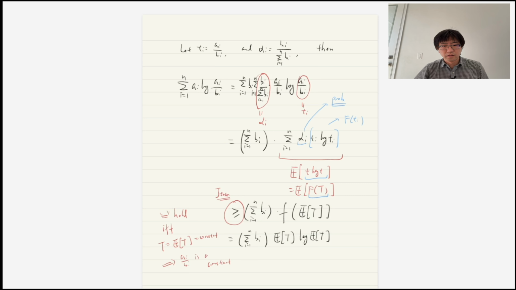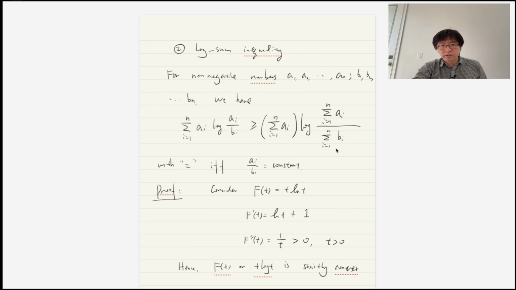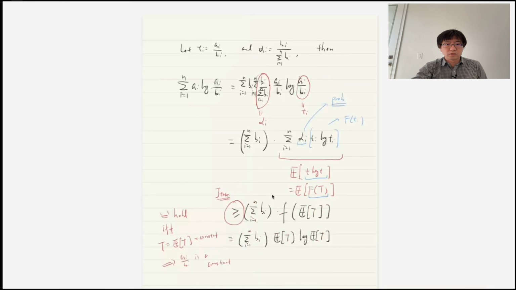It's the reverse. Here we show f(t) is strictly convex, and when it is strictly convex, the equality holds only if t is a constant.